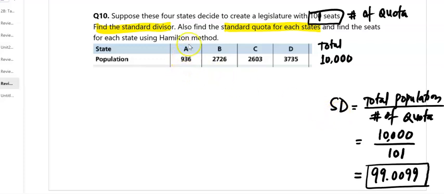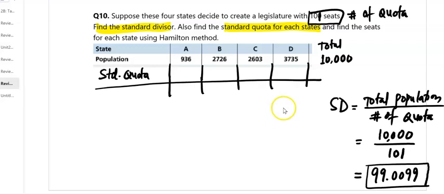To find the standard quota for each state, you divide the population by the standard divisor. So you divide 936 by 99.0099. Let's find the standard quota for A first.